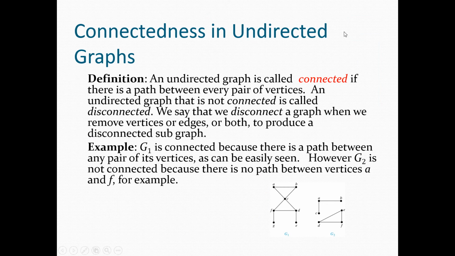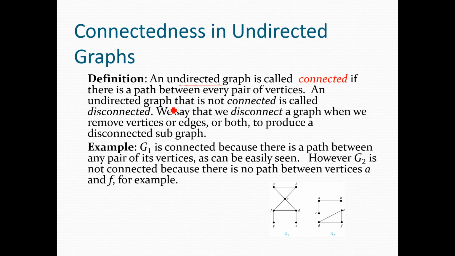Now, connectedness in undirected graphs. An undirected graph is called connected if there is a path between every pair of vertices. We choose any pair of vertices. If we can find a path between every pair of vertices, then the graph is called connected. Right now we are talking about undirected graphs.